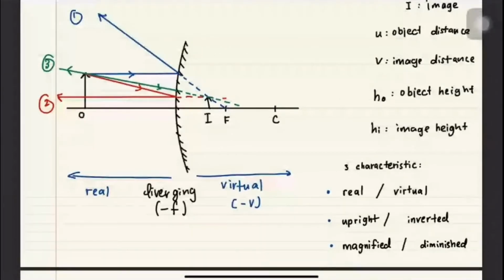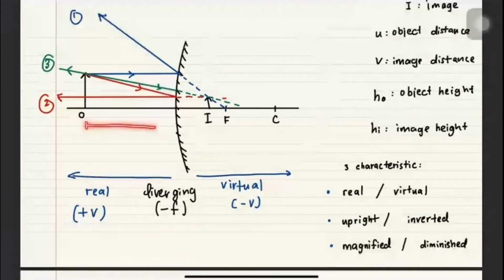Okay. So before this, when you try to draw the ray diagram, there are key things that you have to consider. One is the position of the object. The distance from the object to the surface of the mirror is what we call the object distance U. This part is U actually.